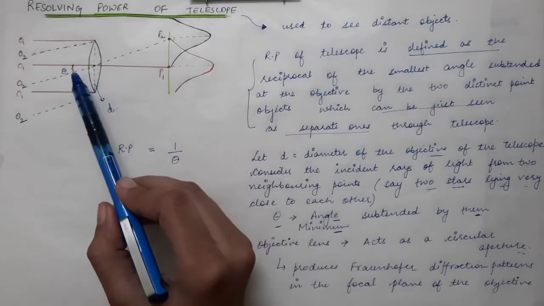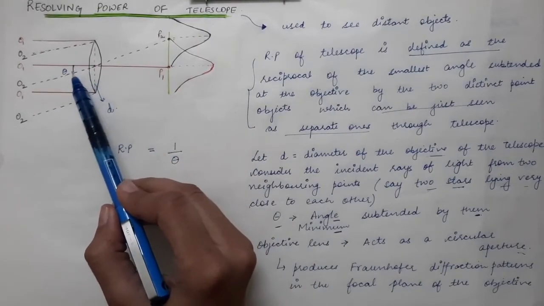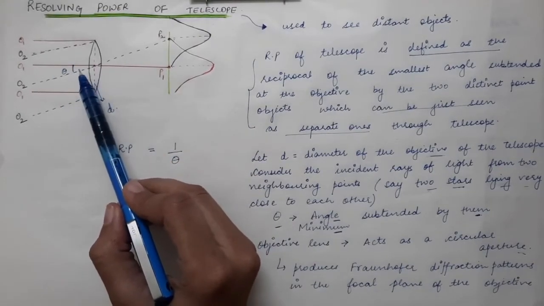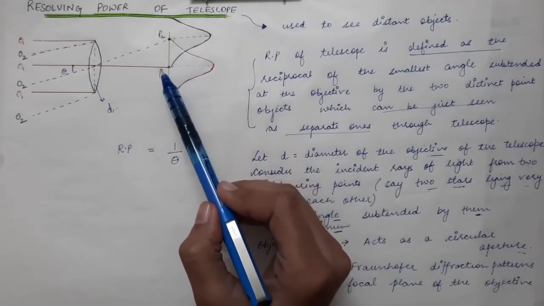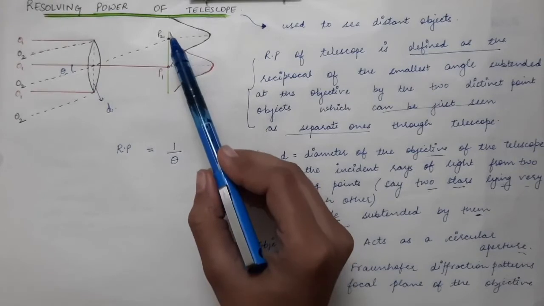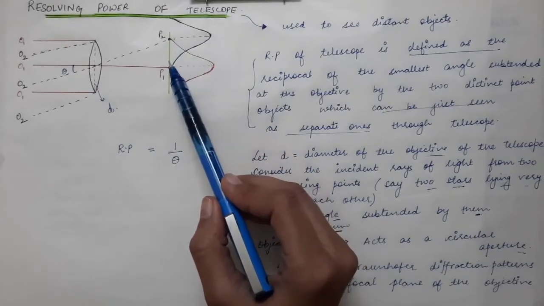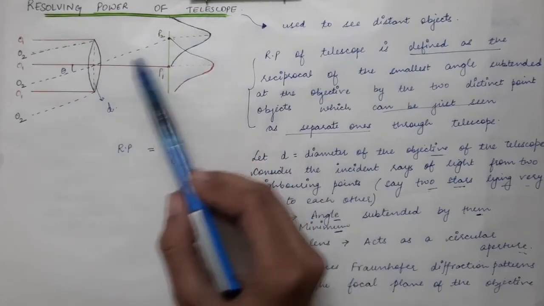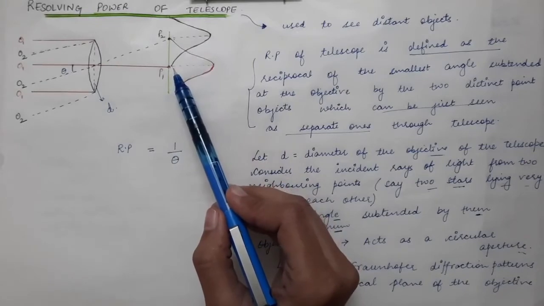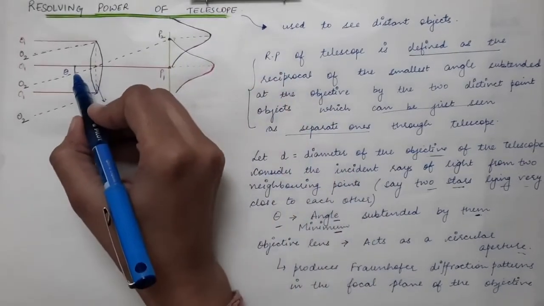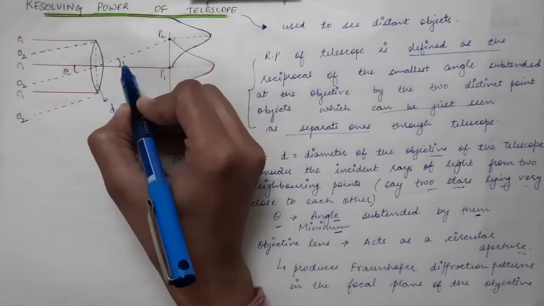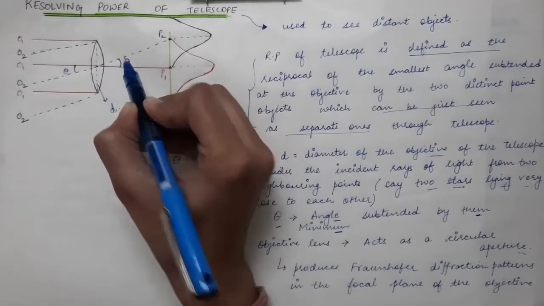Now we have said that this angle is the minimum angle that is subtended so that the two objects are just resolved, or we can say that the principal maximum or the central maximum of one object falls on the first minimum of the other object. So over here, if this angle is theta, then this angle will also be equal to theta.